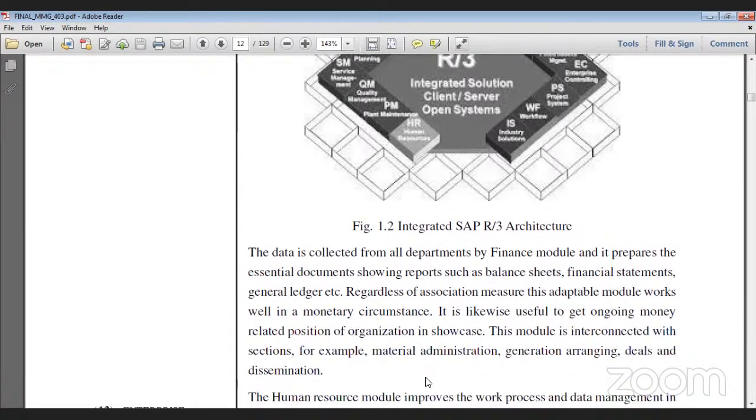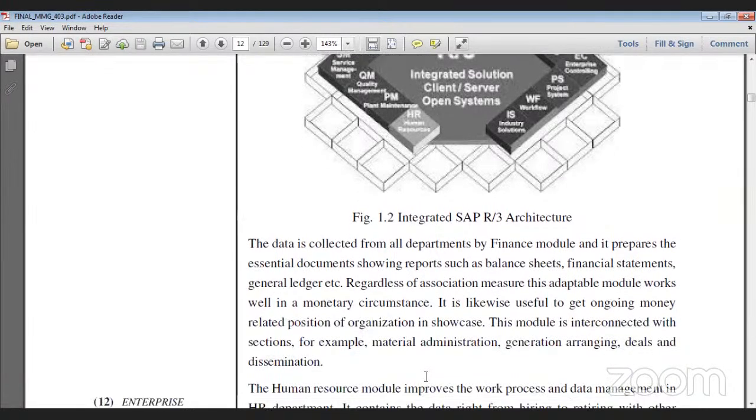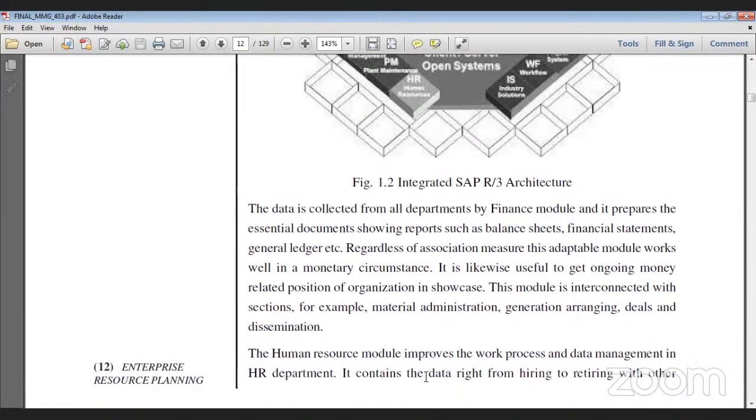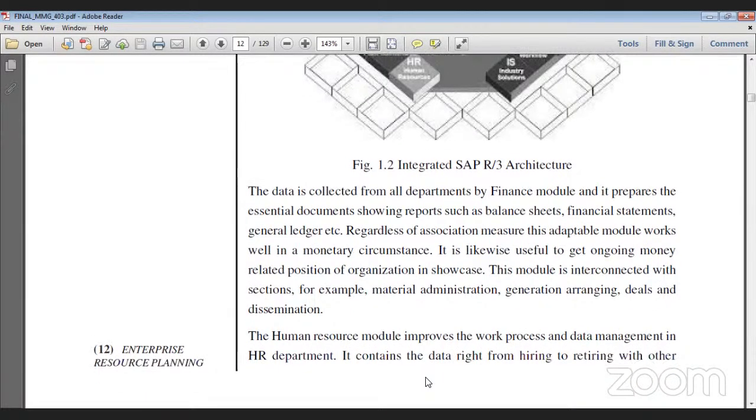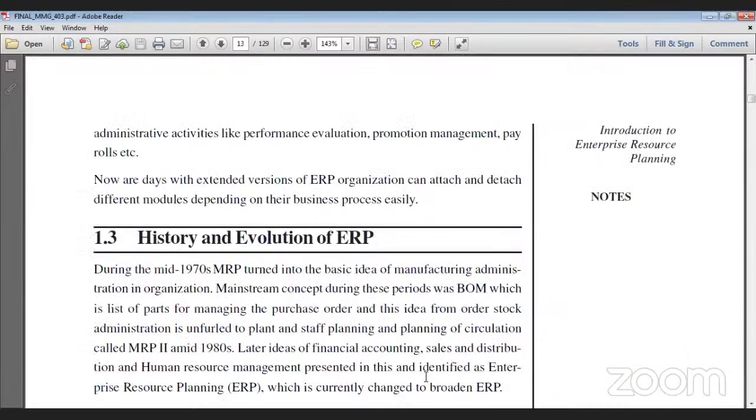It is likewise useful to get real-time financial position of the organization in the market. Then the human resource module improves the work process and data management in the HR department. It contains the data right from hiring to retiring, along with other administrative activities.